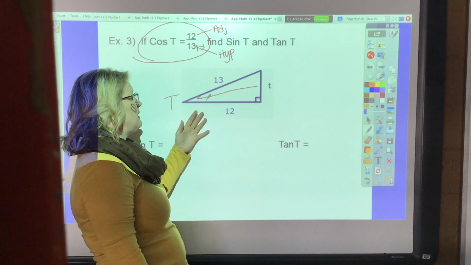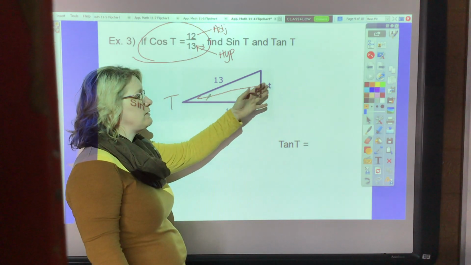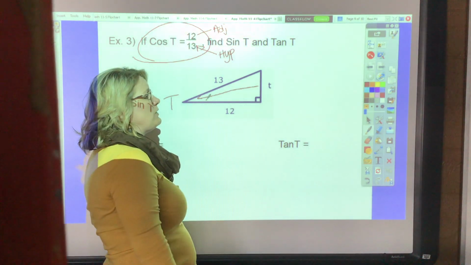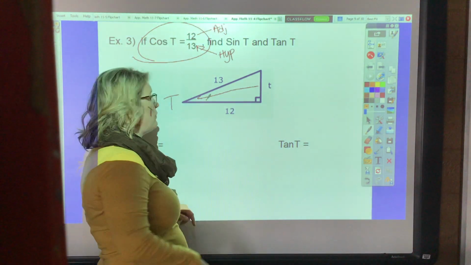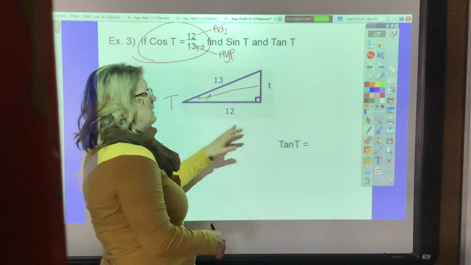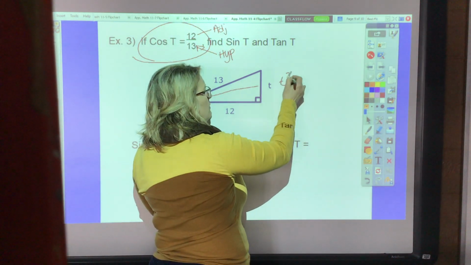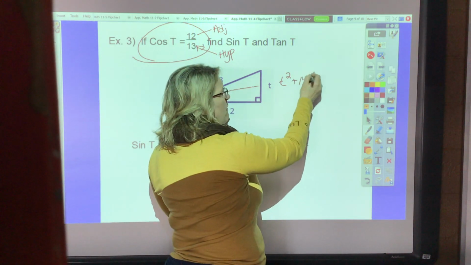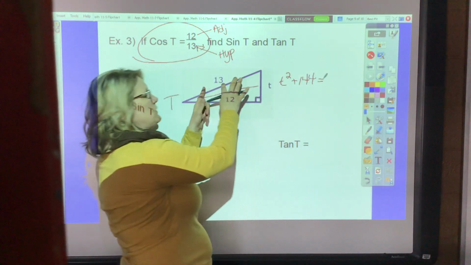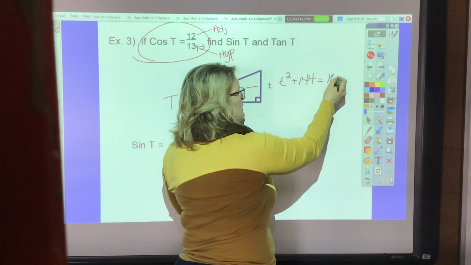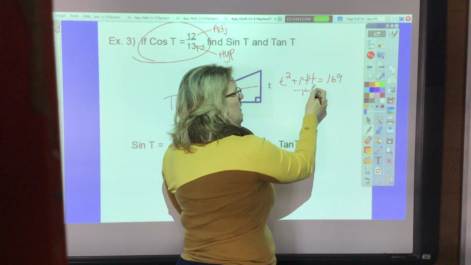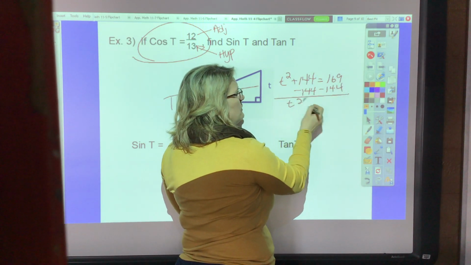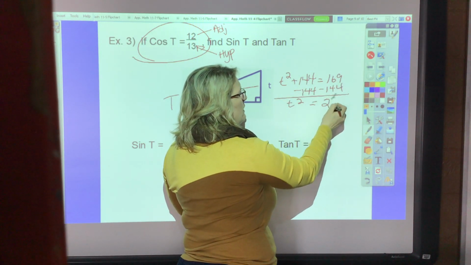So looking at this, I need to find this remaining side in order to finish filling these in. One of the ways I can do it is the Pythagorean theorem. I have t squared plus 12 squared, which is 144, equals 13 squared, which is 169. When I subtract 144, I get 25.